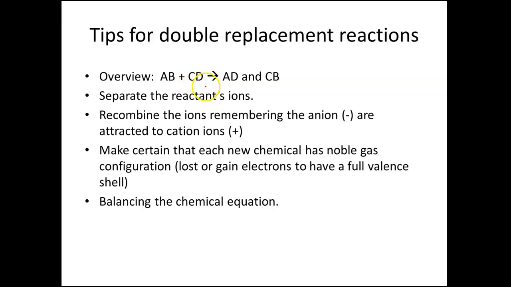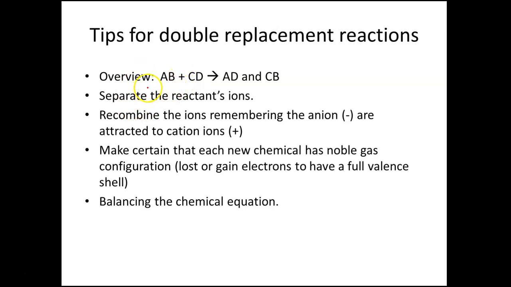They head into the chemical reaction, and what happens is that A lets B go and attaches onto D, and C lets D go and attaches onto B. And so they are literally replaced twice, hence why it's called double replacement.